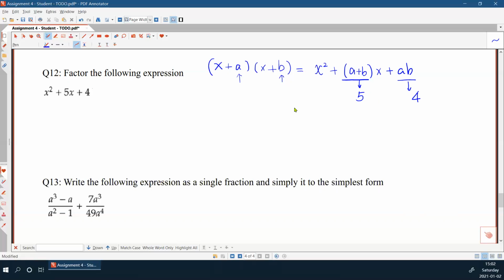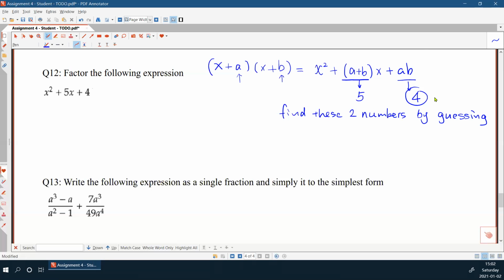Generally speaking, we can find these two numbers by guessing. How do we do this? The multiplication of two numbers is 4, and the sum of these two numbers is 5.